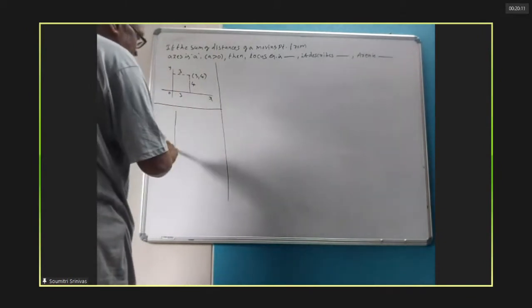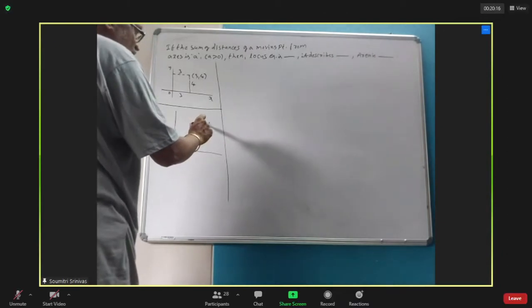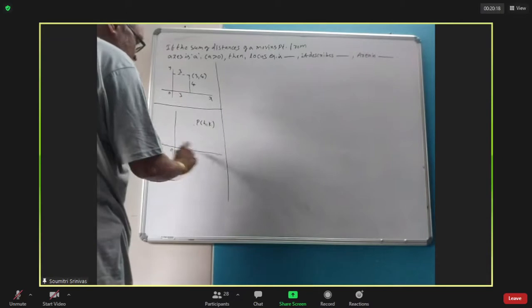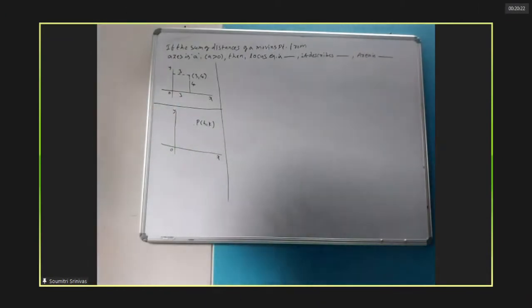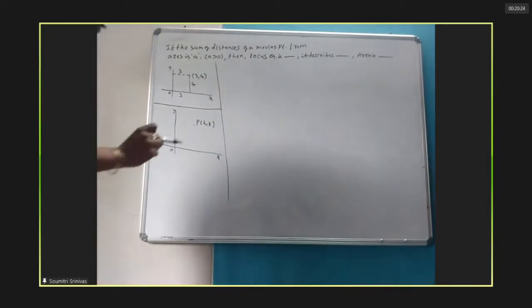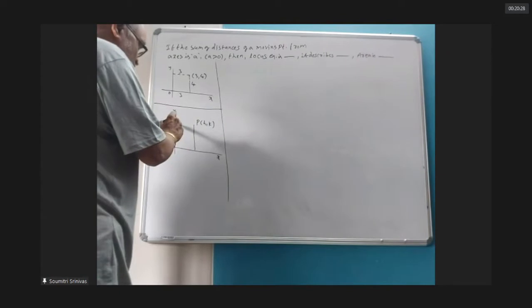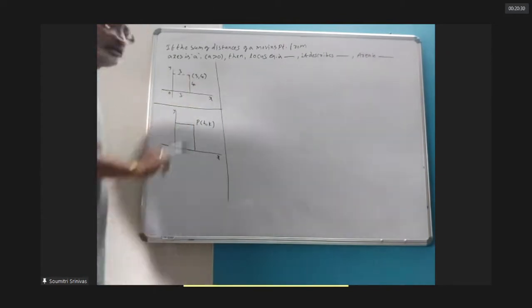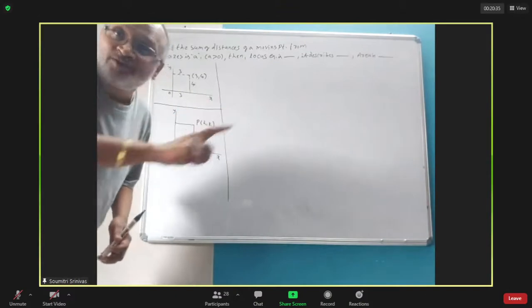I have a point P. First, what will you give as the name? H comma K. What's the distance from P to x-axis? K. Why is the distance K? Since the point was lying in the first quadrant.